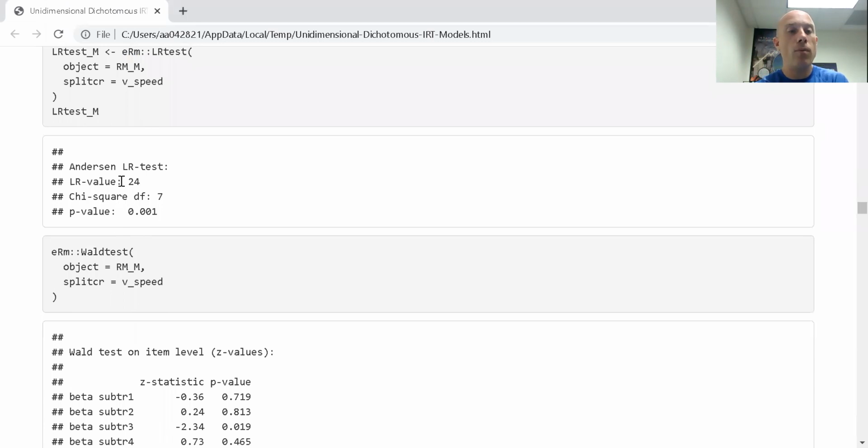Okay, we have a likelihood ratio value of 24 and chi-squared degrees of freedom of 7. If you think about that for a moment, we get a small p-value. Remember, the expected value is going to be around maybe 14, so this is a deviation from that.